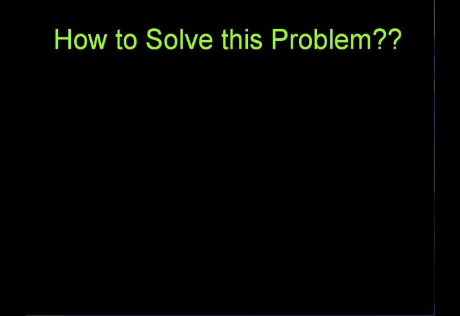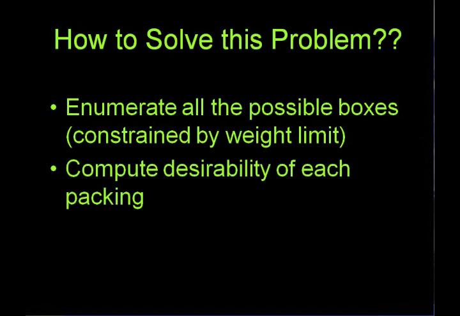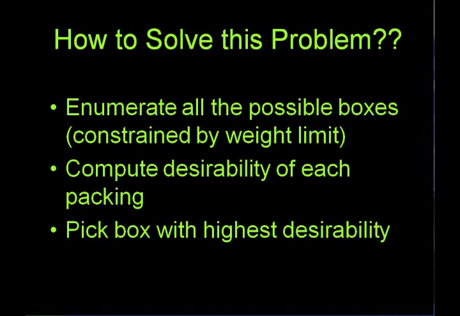So essentially, you enumerate all the possible boxes, basically try every single way, compute desirability, and then pick. This is the brute force way of doing it.